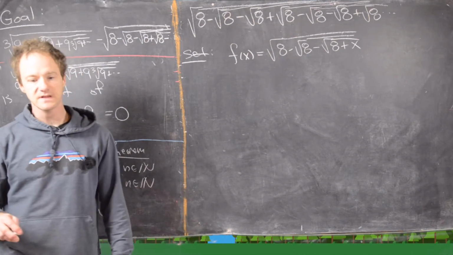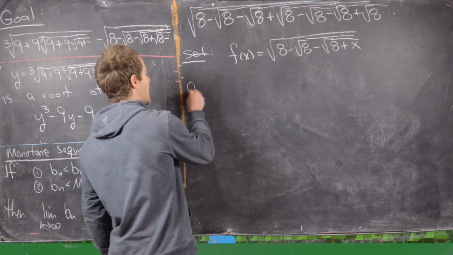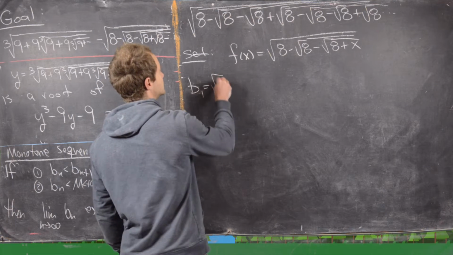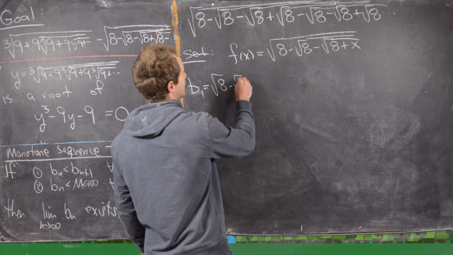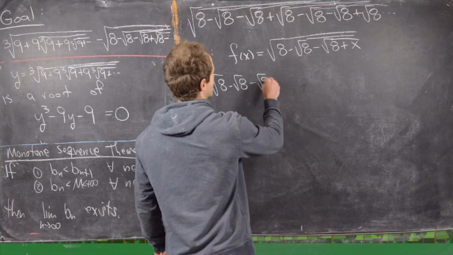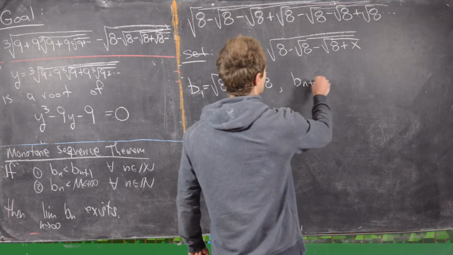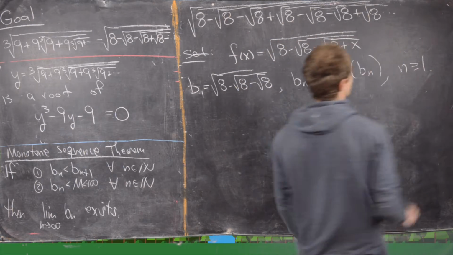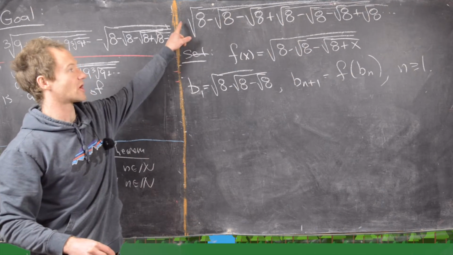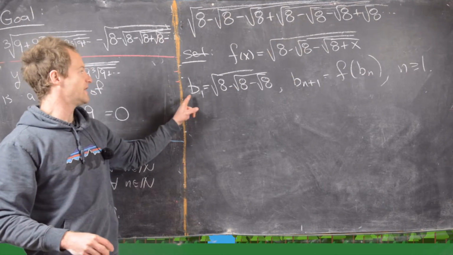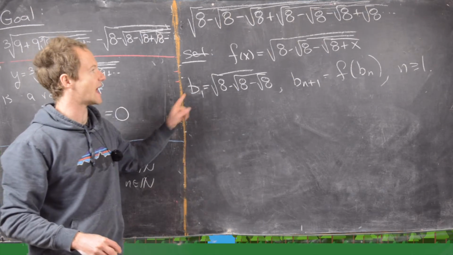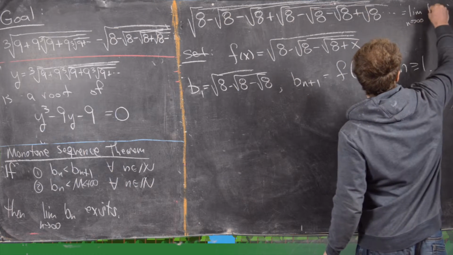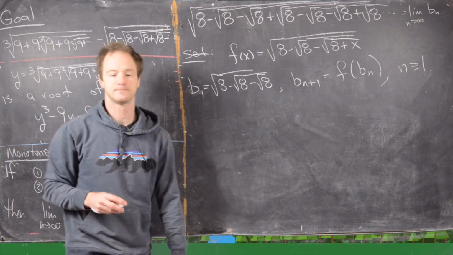Okay, good. And now notice if we set, let's use the letter b, so if we set b_1 equal to the square root of 8 minus the square root of 8 minus the square root of 8, and then b_(n+1) equal to f of b_n, and this is for all n bigger than or equal to 1, then this term will converge if and only if this sequence converges, because notice that this thing will be represented by the limit as n goes to infinity of this sequence.